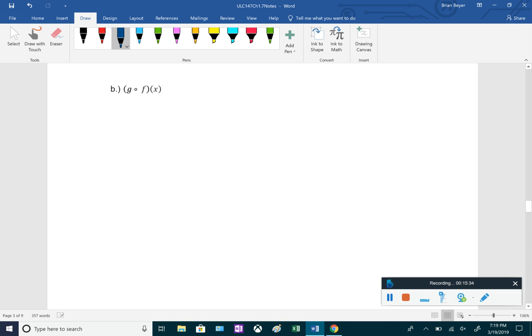Let's do g of f of x this time. So this time we're going to be plugging f of x into g of x. So starting with g of x, we know g of x is our outer function. It's x squared minus 2x plus 6. Everywhere there's an x, let's plug in an f of x.